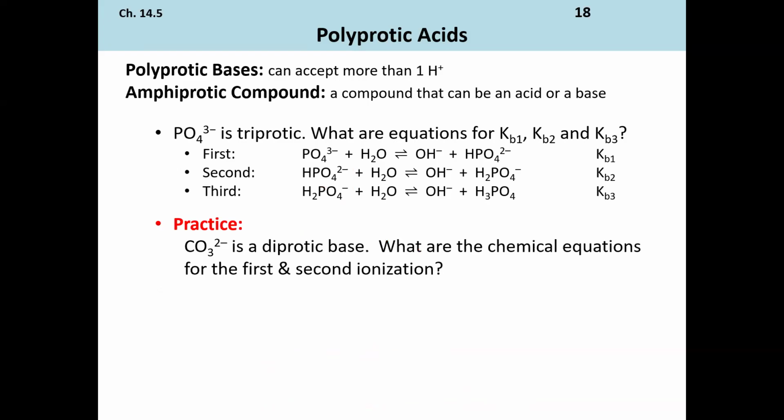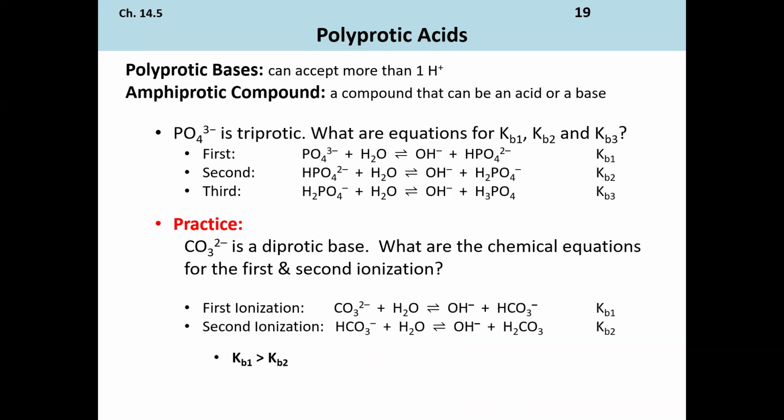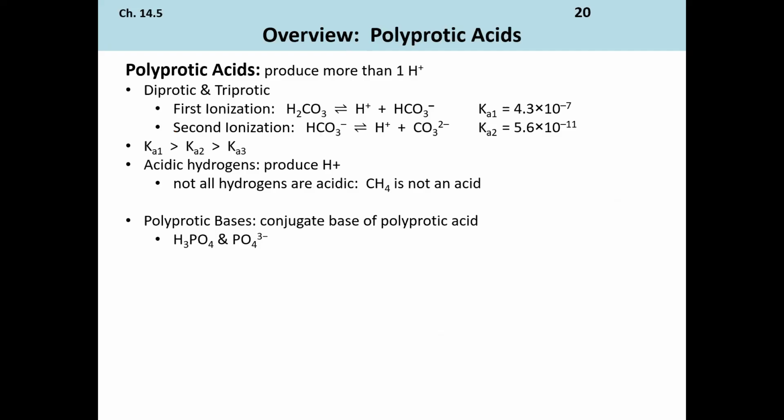All right, so I had one more problem, but you can do this on your own. If I say it's diprotic, you can write out KB1 and KB2, and KB1 will always be greater than KB2. So that is it for polyprotic acids.